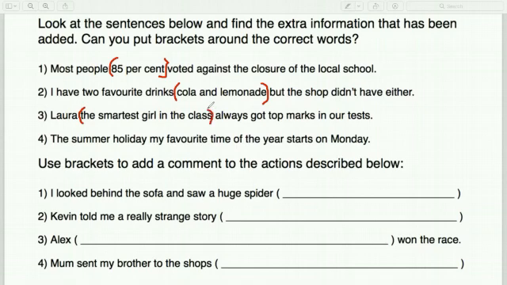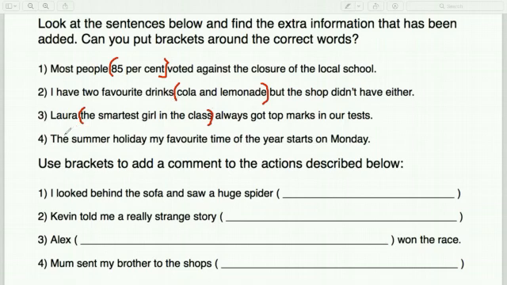That's meant to be a bracket, not a very good one, but it is meant to be a bracket. There we go. Laura always got top marks in our test. You don't have to have this information here, the smartest girl in the class. That's the added information or the explanation.